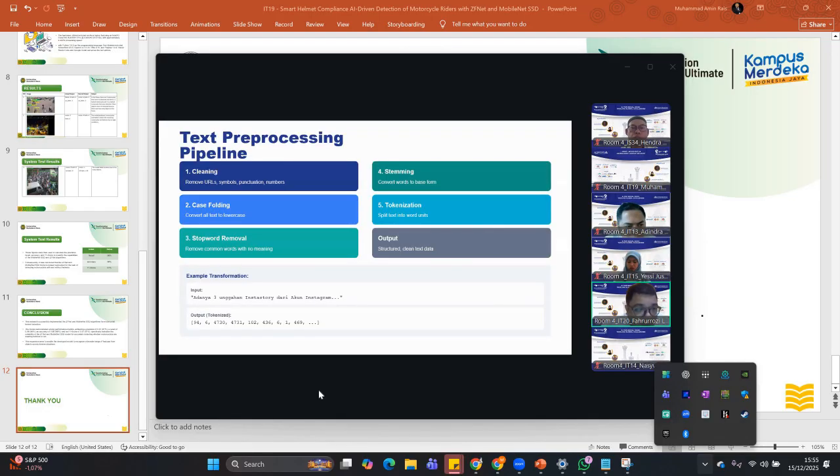Stemming is reducing inflected words to their root form for Indonesian text. This means converting words like menuduhkan to tuduh. And the last, step 5, is tokenization. Tokenization is segmenting text into word units and converting them to numerical indices for model input.